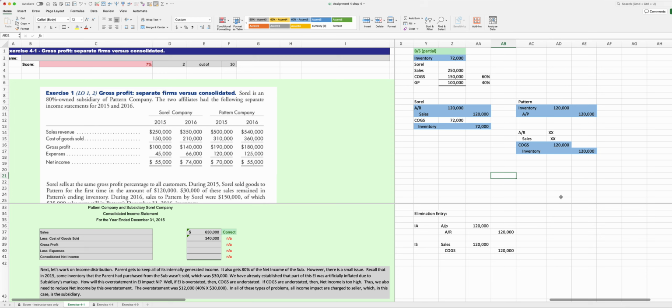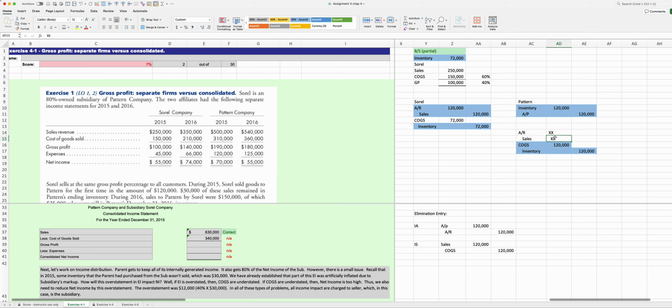So then what remains when we are done with all of these elimination entries and we're done netting all of these accounts together, the only thing that really remains is this AR balance that is owed from this sale that we made to the outside of the group, which is fine, and it needs to be part of that consolidated statement because this is a transaction that was conducted with an outside of the group third party.